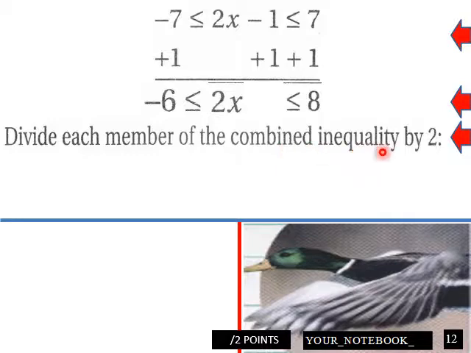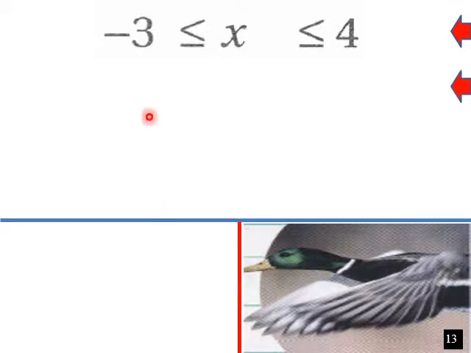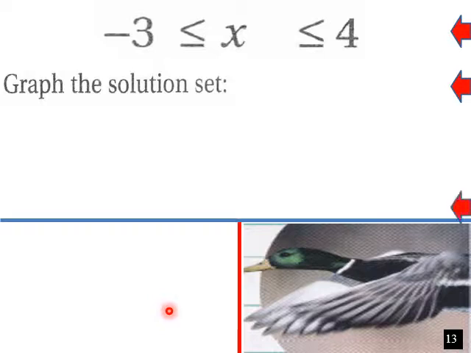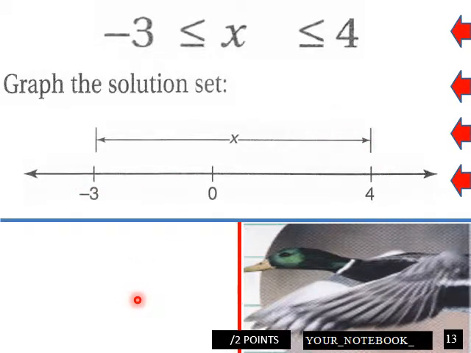Divide each member of the combined inequality by 2. And we get negative 3 less than or equal to x, and x less than or equal to 4. Graph the solution set. Here would be the graph, the lower limit here and the upper limit up here. So that will be the graph of this solution set.